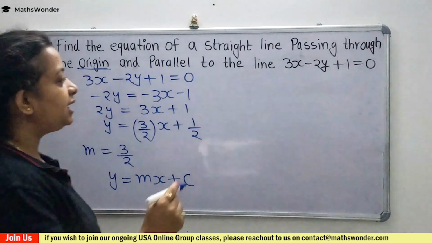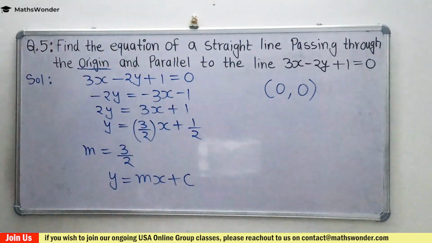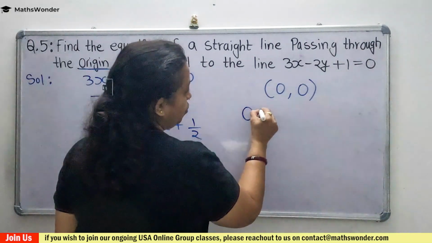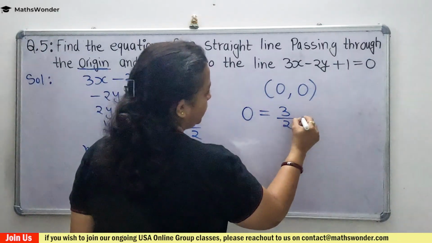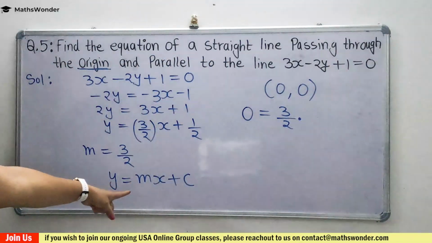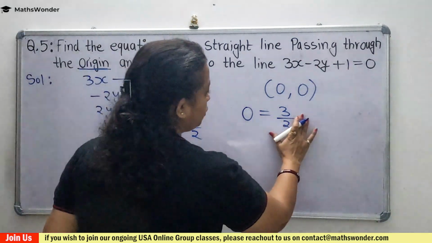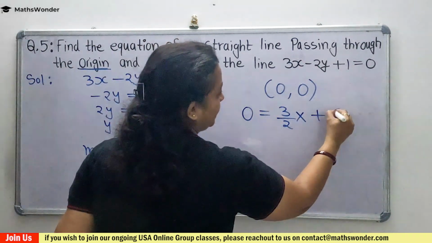And what are the coordinates of the origin? 0, 0. So that means we have 0 is equals to 3 over 2 multiplied by 0 plus c, right?